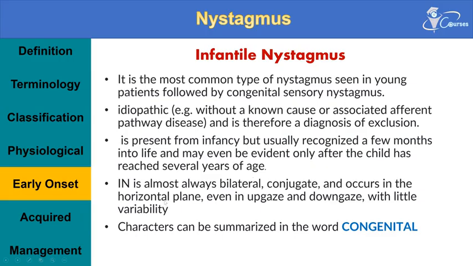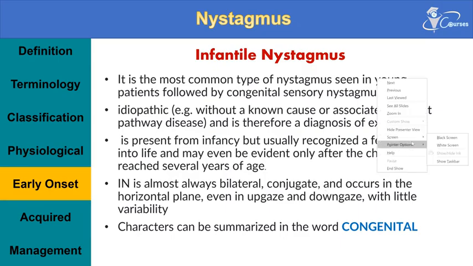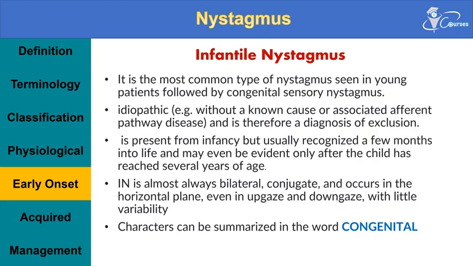The idiopathic infantile nystagmus is almost always bilateral, conjugate, horizontal, even in up or down gaze. How is that so? If the patient has up gaze or down gaze, don't always think that a horizontal nystagmus will beat only in primary gaze.